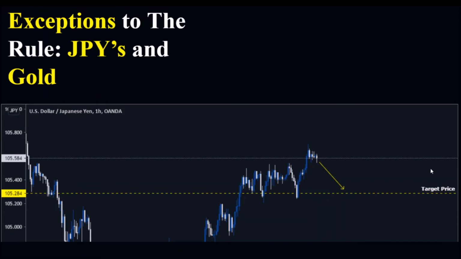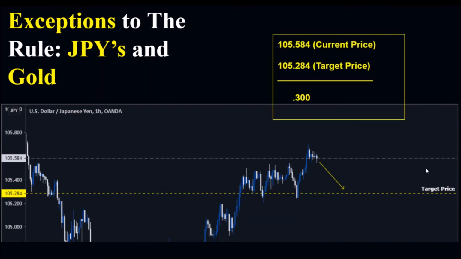It's similar in that you want to find the difference between the current price and the target price again, right? So we're at 105.584. We're anticipating that we want to move to 105.284. So how many pips would that movement be? Well, you find the difference between the current price and the target price.